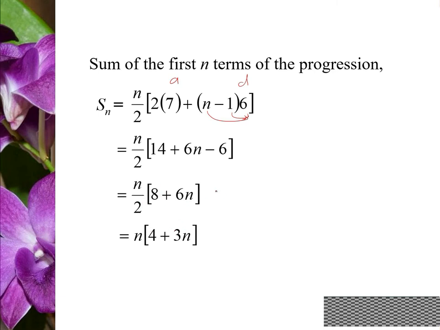Before you divide everything with 2, make sure you factorize 2 first. Factorize 2 first, and then you can cancel off with 2 at the denominator. You cannot simply just cancel off 2 with 8 here, because 2 is divided by all of this expression, not only 8. Okay?